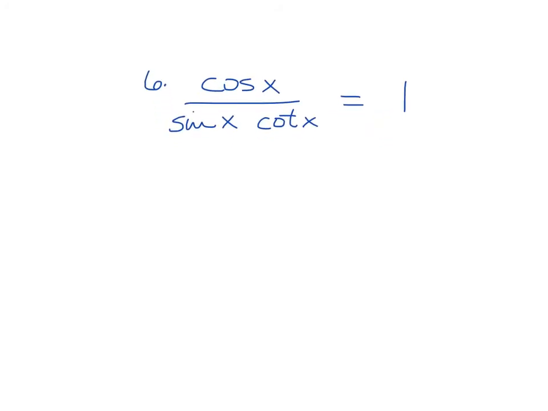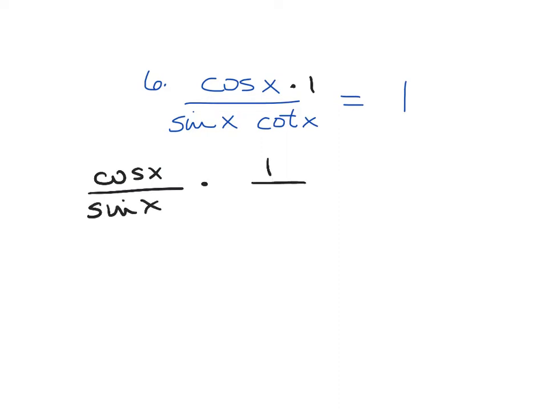For my next example, I'm trying to make it equal a 1. So I'm going to pull this thing apart. I'm going to treat my numerator as if it were cosine x times 1. So I'm going to do cosine x, and put a sine x underneath that one.